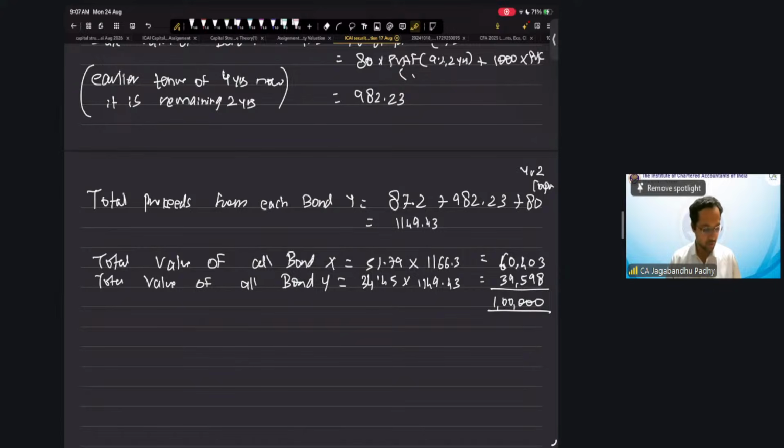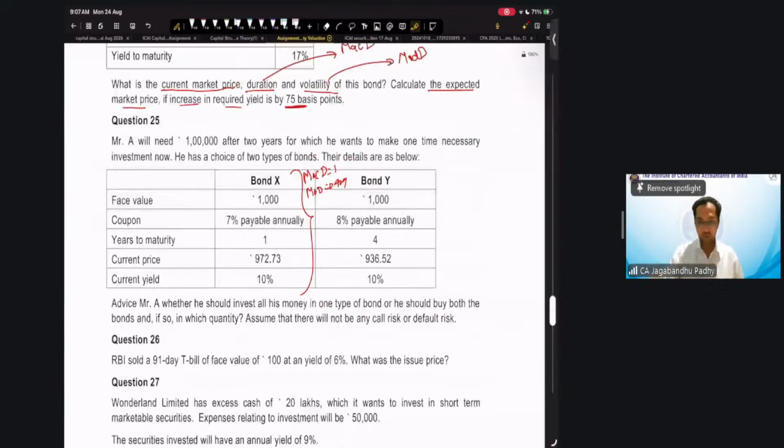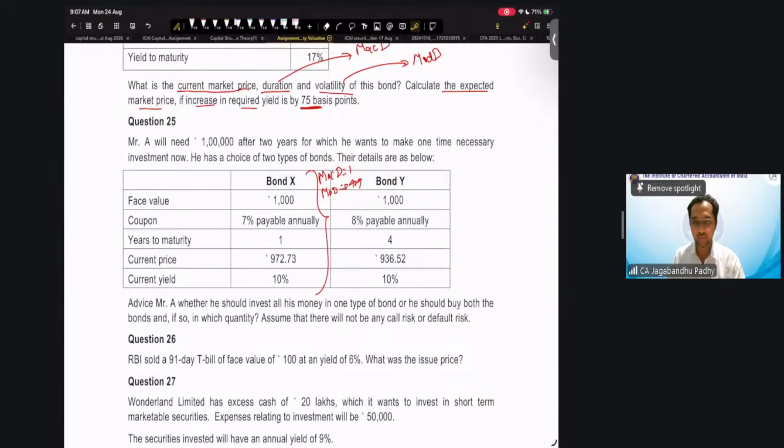The immunization strategy is all about investing in a portfolio of bonds with maturity matching your requirement. Now, let us go for some more questions for practice regarding this.